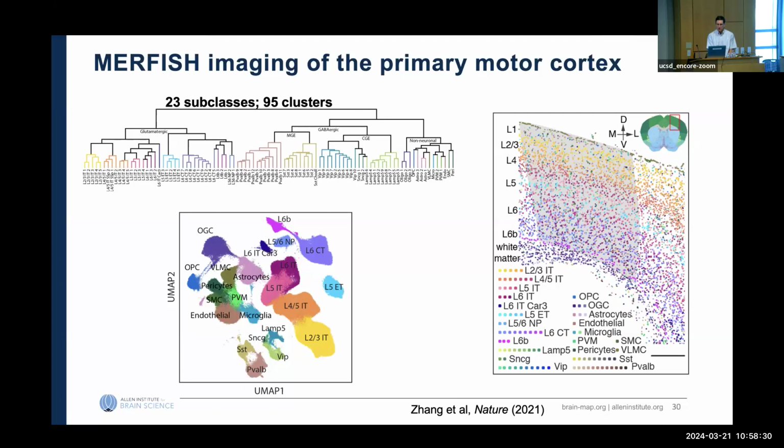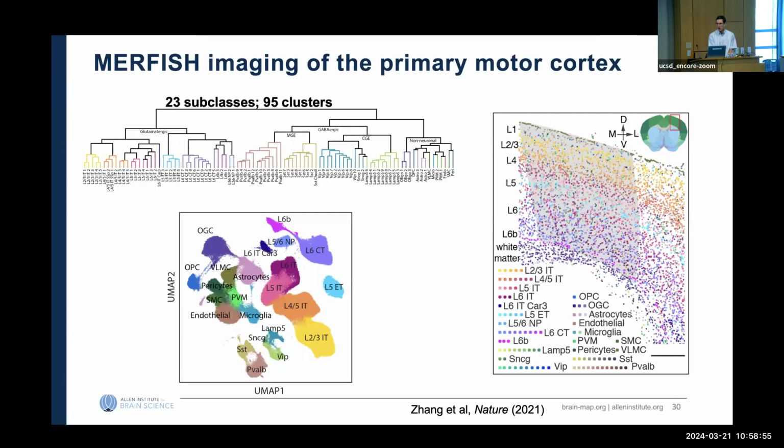Well, there's a technique now. So that was just one gene per section. And shortly after that, people started to develop techniques for getting a couple of genes, using fluorescent multiplexing and such. But far more recently, something that has really taken off is what's called MERFISH.